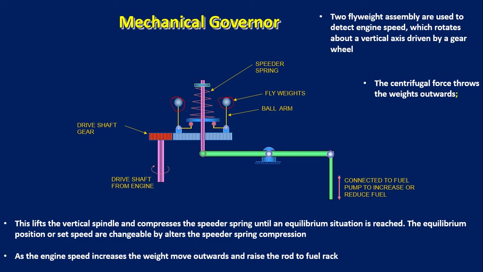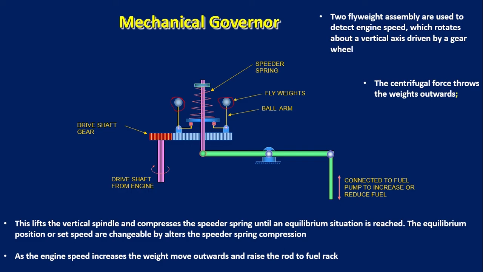When the engine speed exceeds the set limit, these two flyweights will move outwards, and when the speed goes below the set speed, the flyweights move inwards. In this way the fuel control lever is controlled.